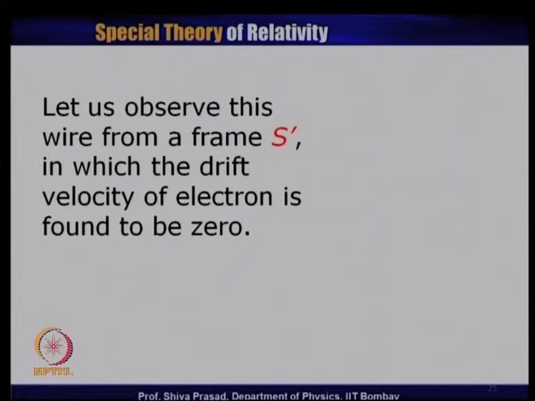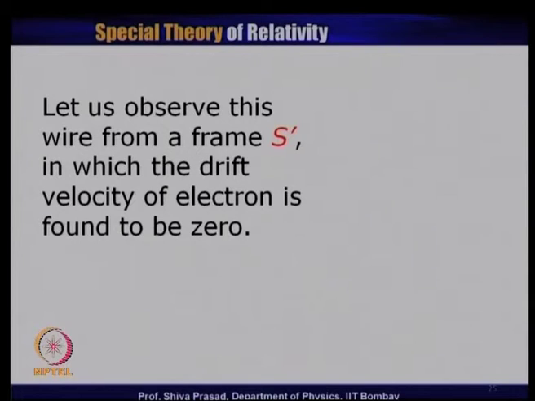Now, let us go to a different frame of reference S prime, in which the drift velocity of the electron is found to be 0. I have already found out the drift velocity. If I know the current density, I know the drift velocity. If I know the drift velocity, I can always go to an inertial frame of reference which has the same relative velocity with respect to S as the drift velocity of the electrons.